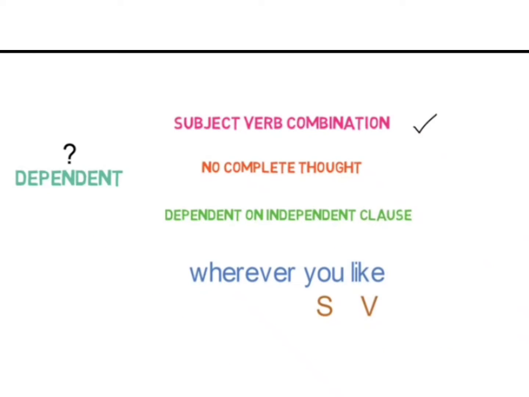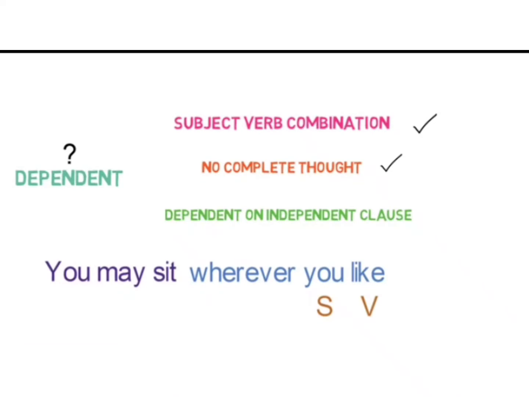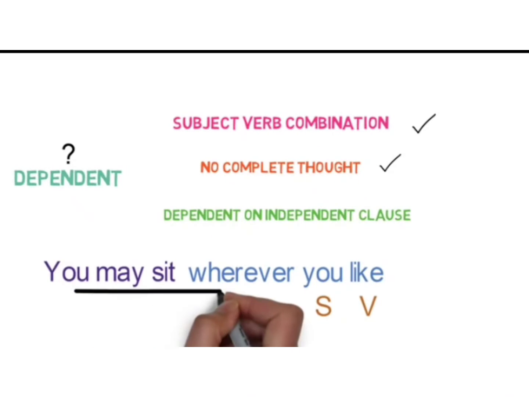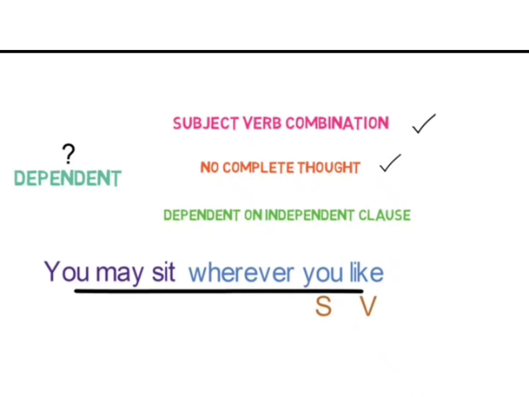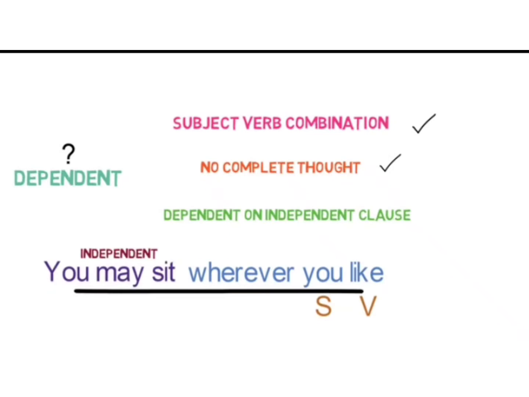The whole sentence has meaning, but not a complete one. Now, let's add a main clause to this clause. The sentence is, you may sit wherever you like, and in this way, we get the complete thought of the sentence. Here we have one independent clause and one dependent clause.